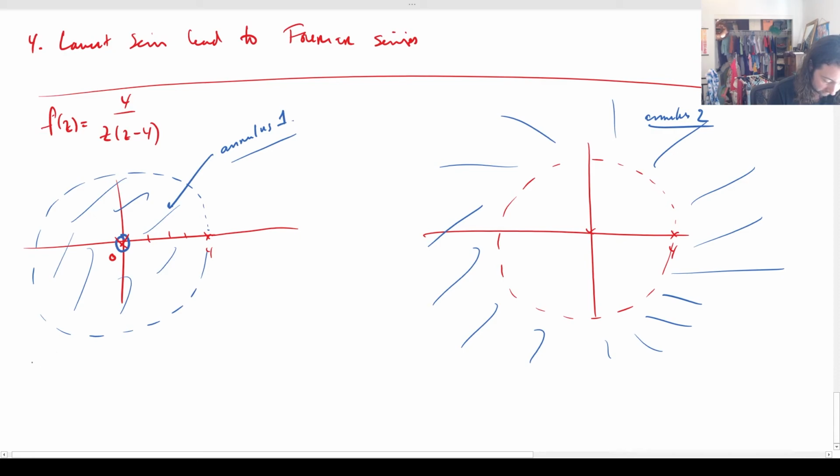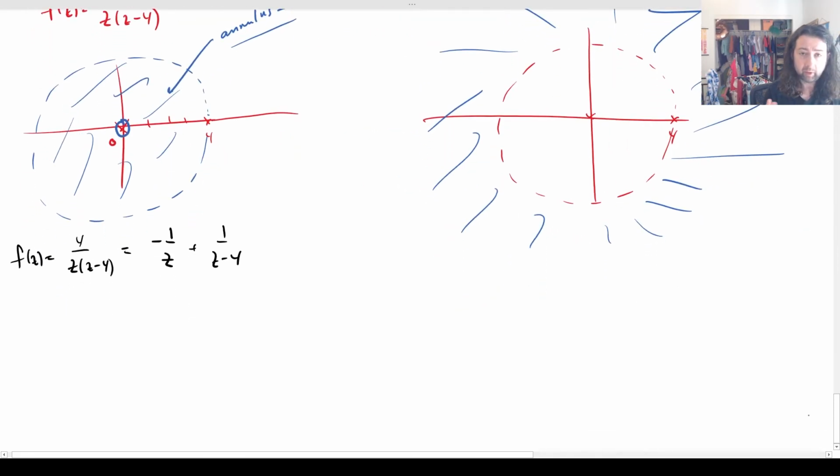If we look at f of z is equal to 4 over z times z minus 4, then we end up with minus 1 over z plus 1 over z minus 4. I'd like to use the power series or the geometric series like usual to find the power series for this thing. Notice this is already the piece of a series that's centered at 0. And so I'm going to expand this about z is equal to 0.